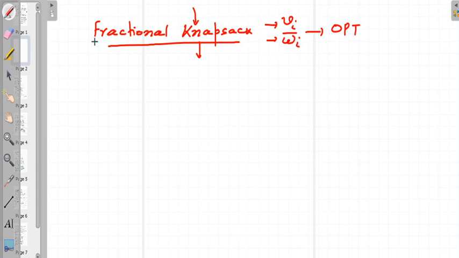Anyway, for this fractional knapsack, we have seen that if I am going by this ratio, the highest one we have to pick up, so we go in descending order: the highest one, then the next highest one, and the next highest one, until the knapsack capacity is exhausted.